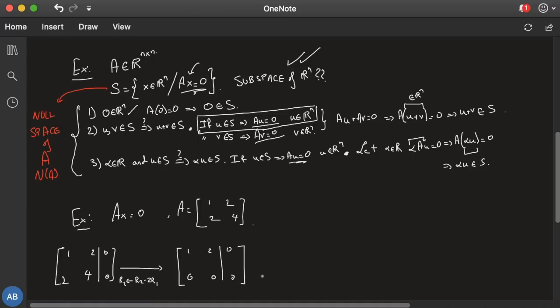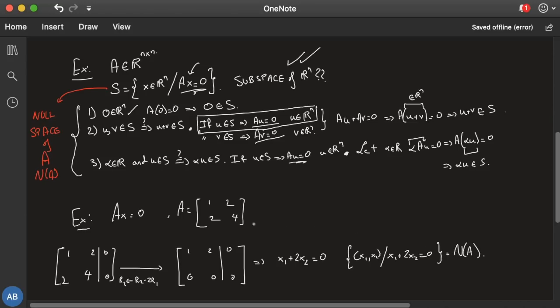That said, you have infinitely many solutions, and therefore you can characterize your solutions as x1 plus 2x2 equals 0. Well, the subspace comes in the following. The set of couples x1, x2, such that x1 plus 2x2 equals 0 is actually a subspace, that is the null space of A. This is how you characterize the null space of a matrix.